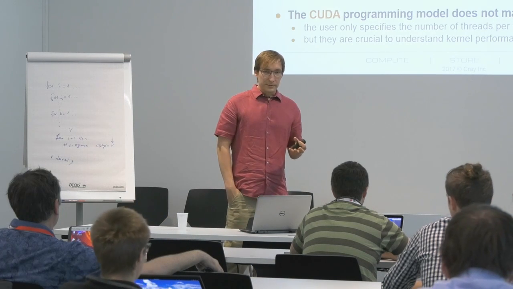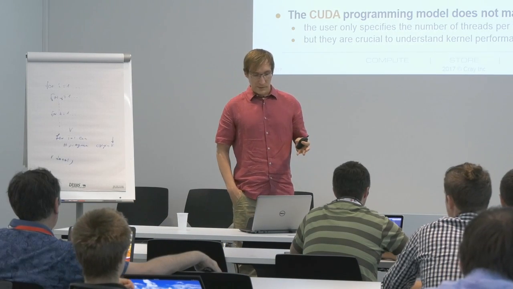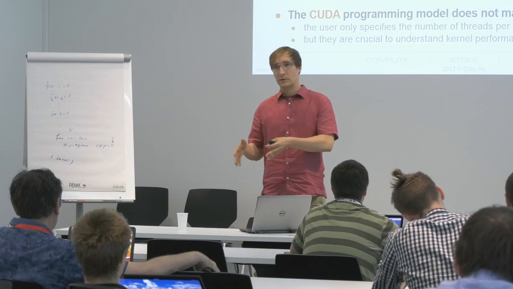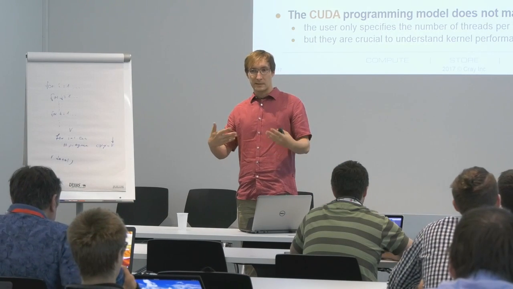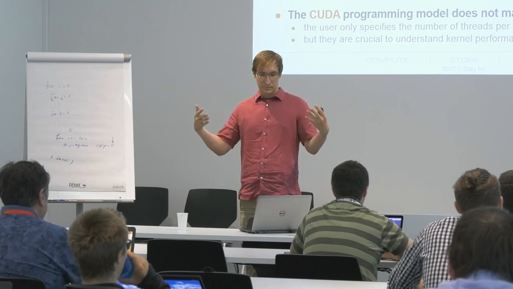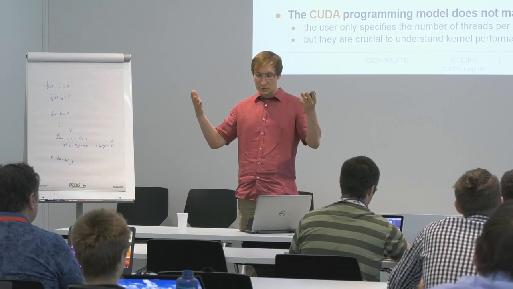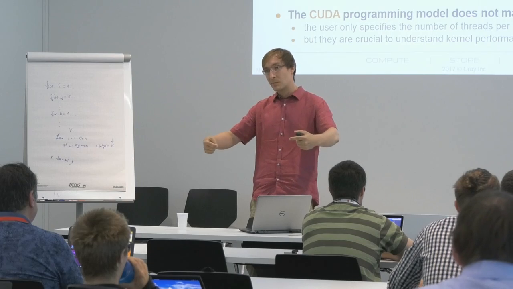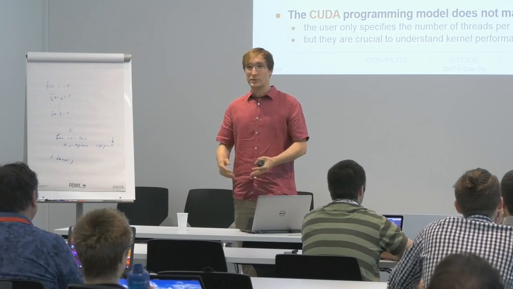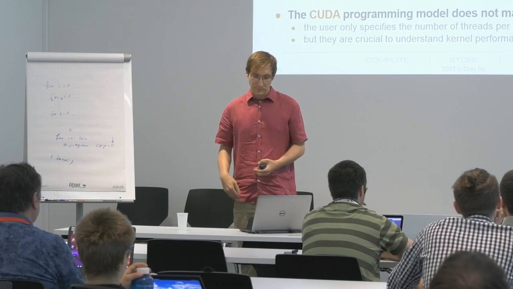But there are also so-called warps. So 32 of these threads are processed in a SIMD version. So 32 threads work in lockstep, so all do the same instructions but on different data.